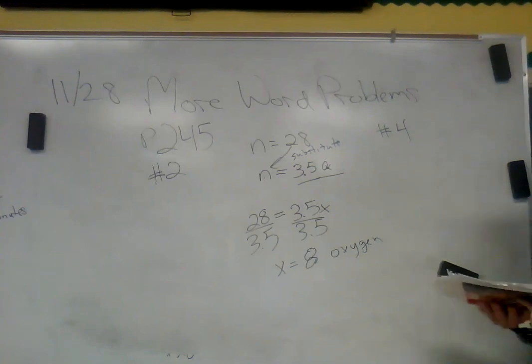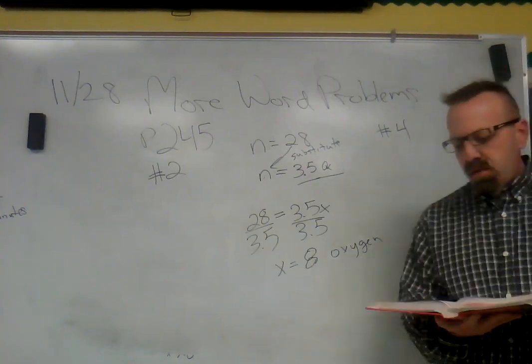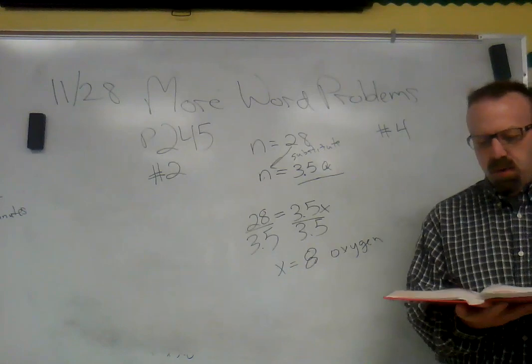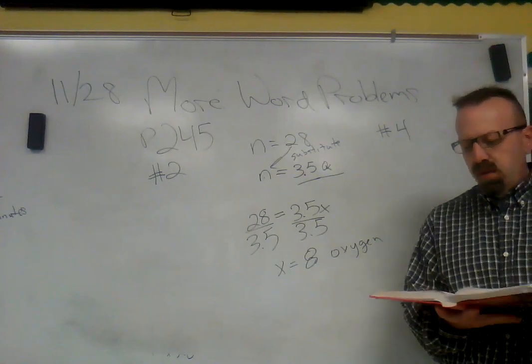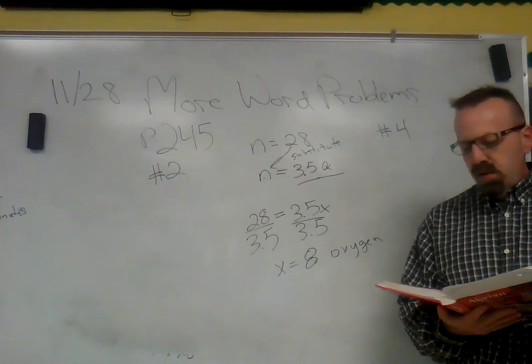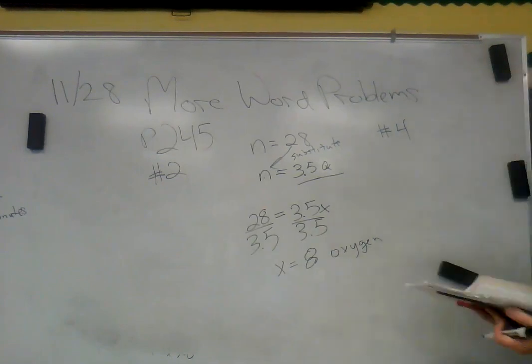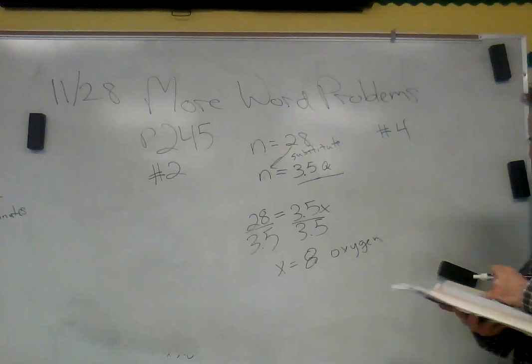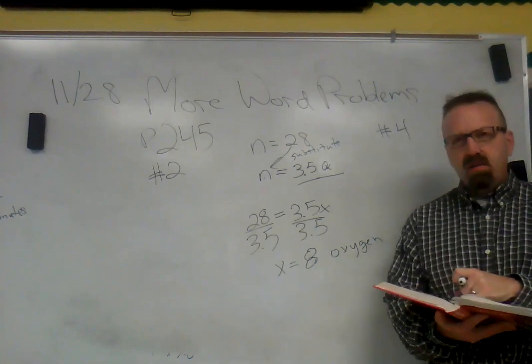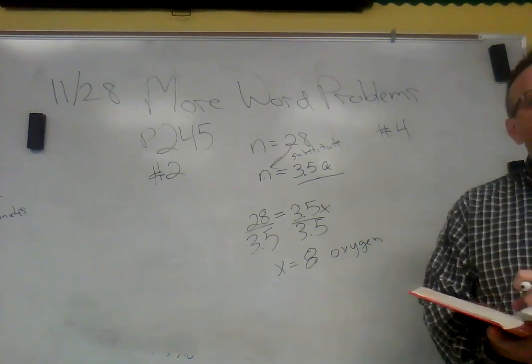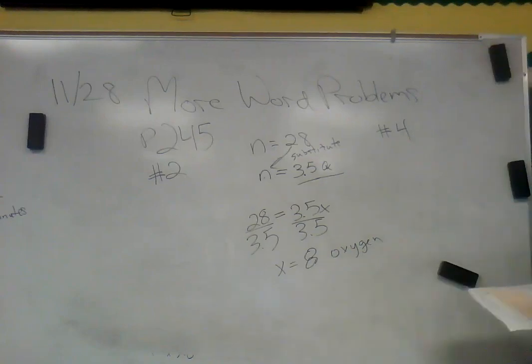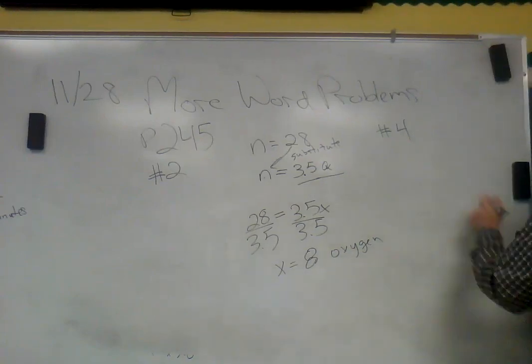Okay, let's look at number 4, sorry. We read it together. The difference between the highest and lowest recorded temperatures in Yukon is 74.6 degrees. The lowest is negative 44.4 degrees Celsius. Find the highest temperature. So the key word here, what is the second word of this sentence? Difference. Difference means subtract.